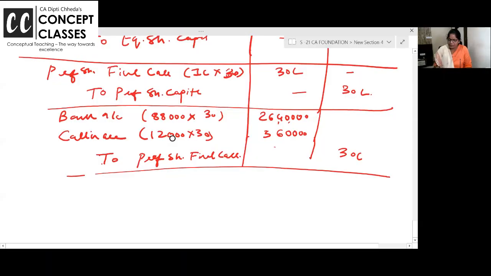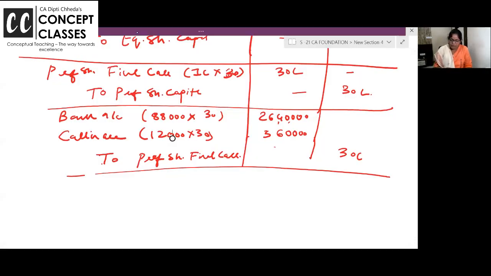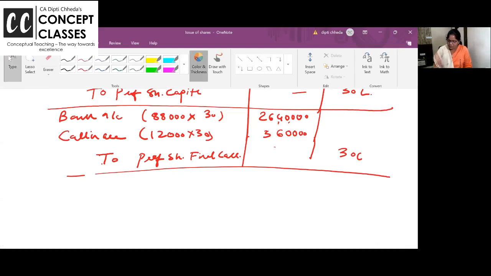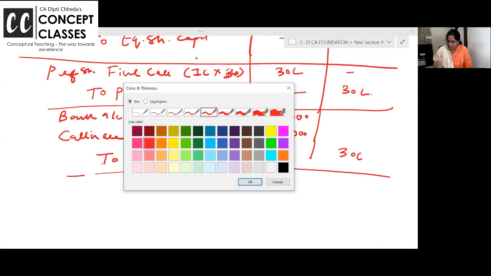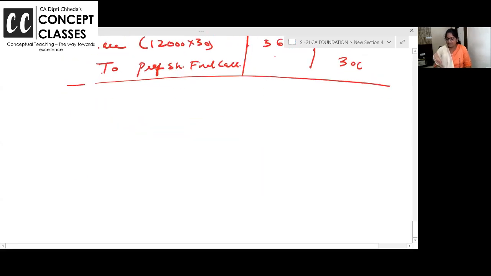If you receive the premium, how are you going to work it out? Let us work it out from the sixth problem.